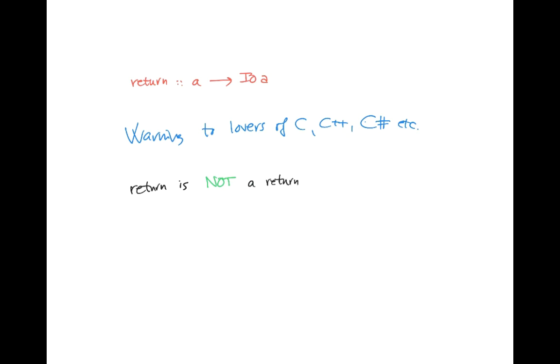There are no statements in Haskell, for one thing. It's a construct that encapsulates a term as an IO action. That's what it does.